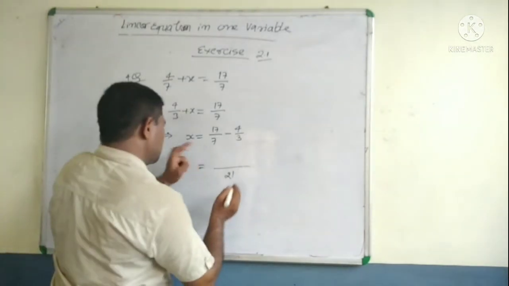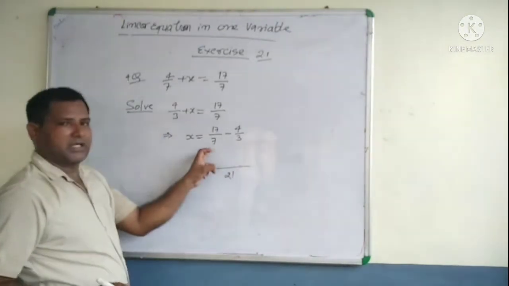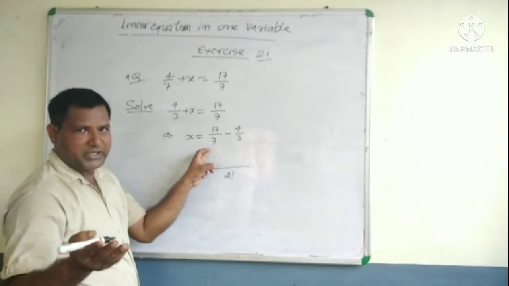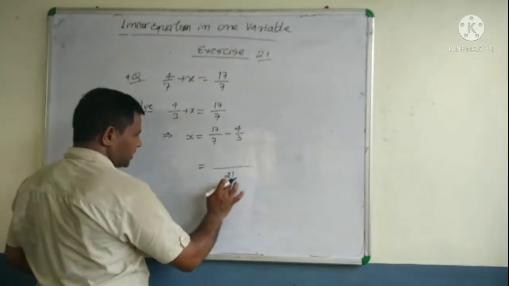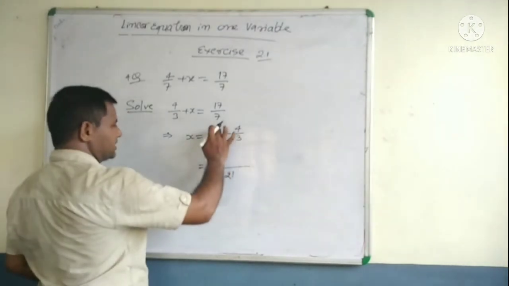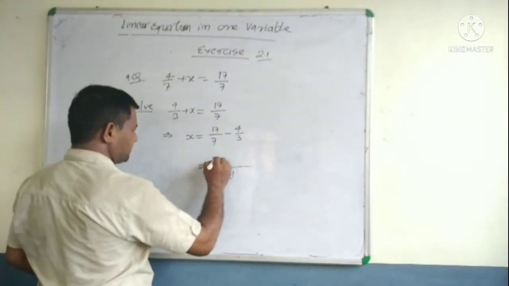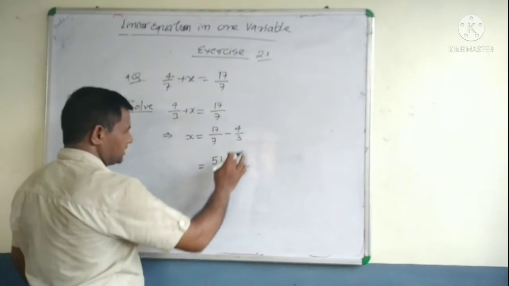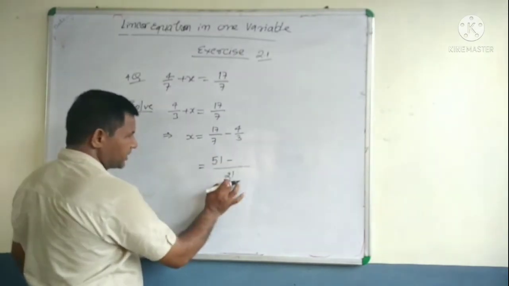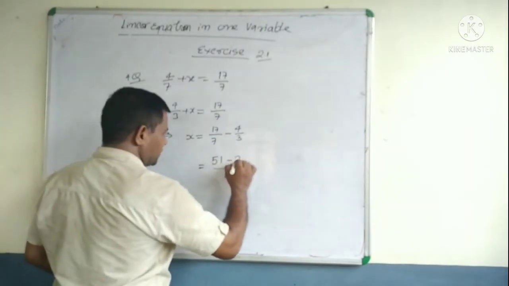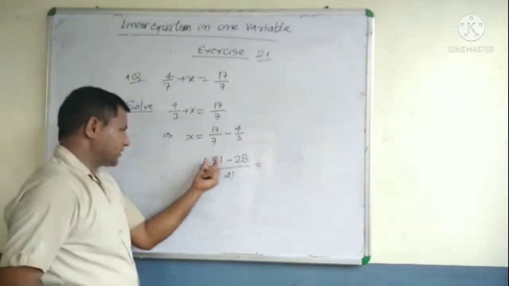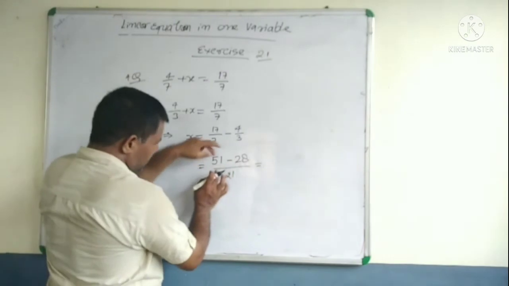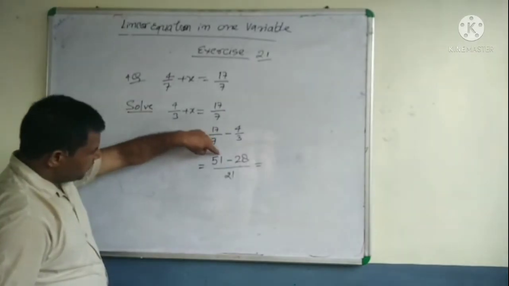Now we divide 21 by 7, and we multiply by 17. Then 7 threes are 21 and 3 times 17 is 51, minus 3 sevens are 21 and 7 fours are 28. Now we subtract 28 from 51.